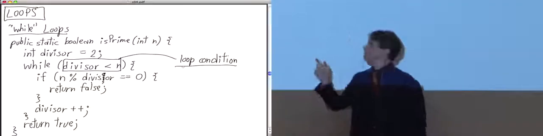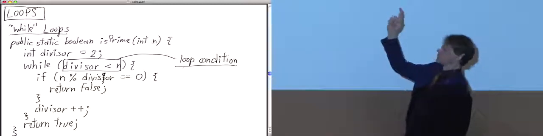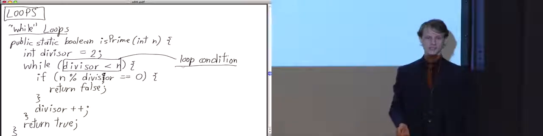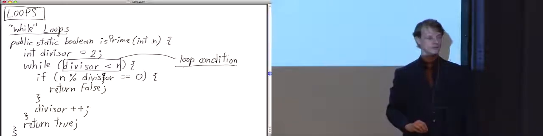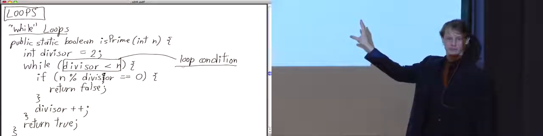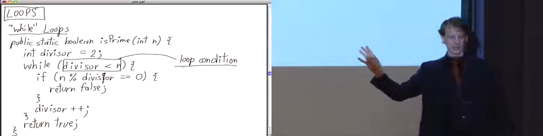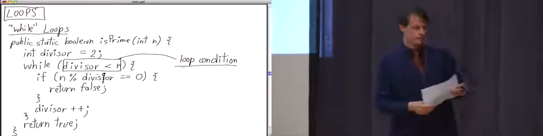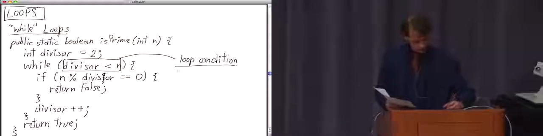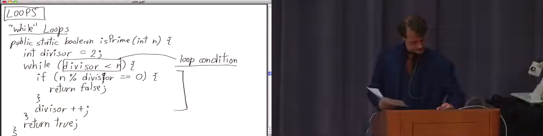One thing a while statement shares with an if statement is that if the loop condition is false the first time you get to it, you don't execute the loop even once. There's no rule that says the loop body has to be executed at all. It's only executed the first time if that condition is true. But if the condition is true, then we go ahead and we execute everything inside these braces.